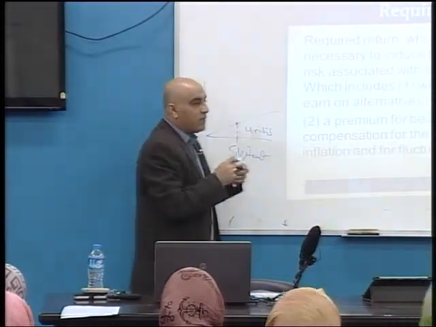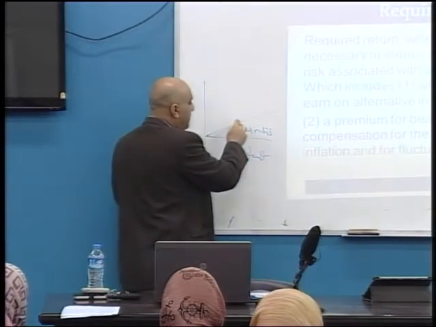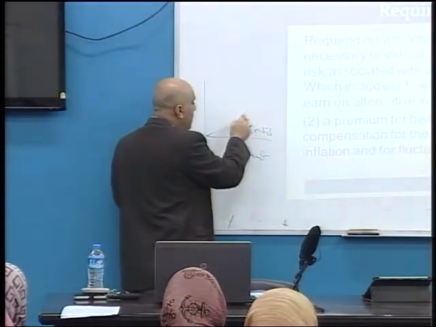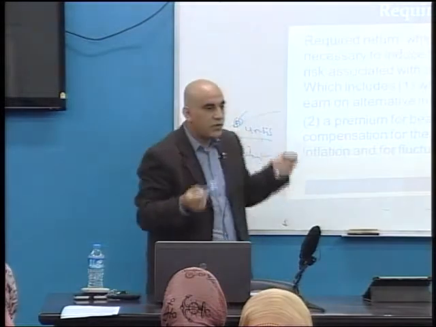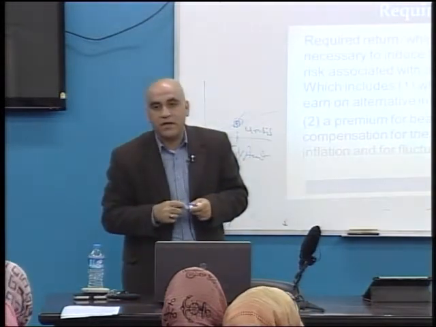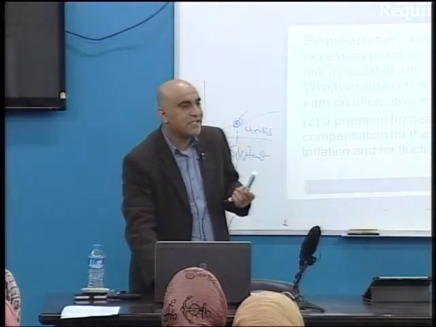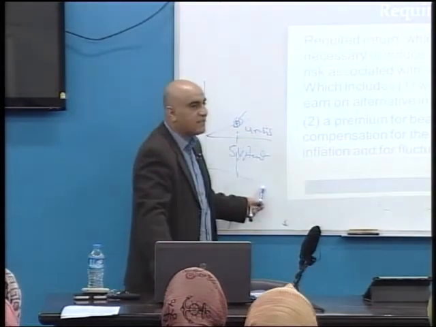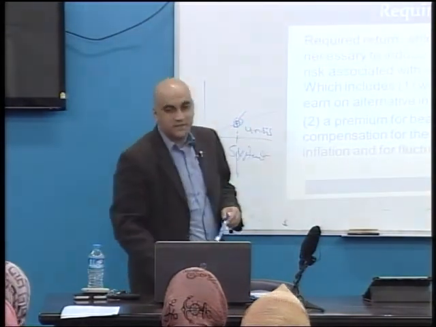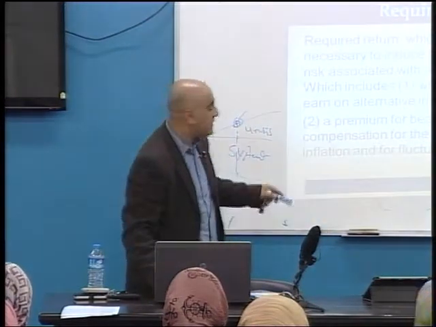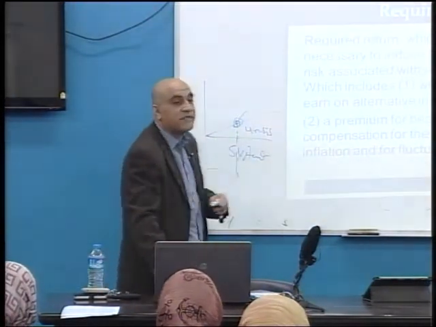So the more risky the firm, the higher the return we ask. Okay, so the compensation here is not because of the systematic risk, but because of the unsystematic risk, because the systematic risk is already reflected in the risk-free rate.